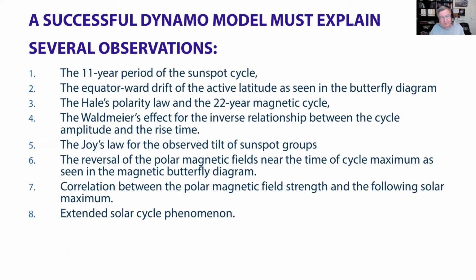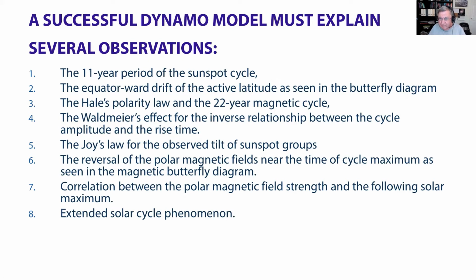So when we talk about the dynamo theory, what we need to explain is a big list. First, we need to explain the 11-year period of the sunspot cycle. We need to explain the equatorward drift of active latitudes in the butterfly diagram. We need to explain the Hale polarity law and the 22-year magnetic cycle.